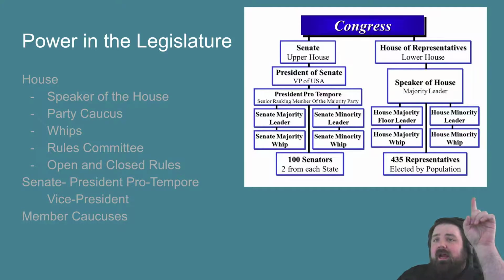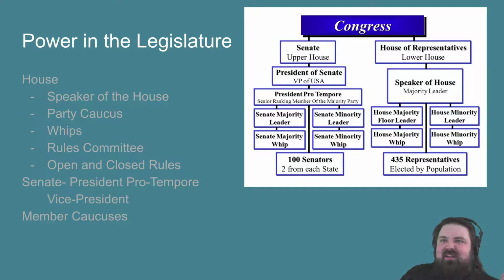Now, on the really hierarchical House of Representatives side of things, the party caucuses play a huge role in how this system works. So it's really the parties that are distributing membership to the various committees that are organizing this system.